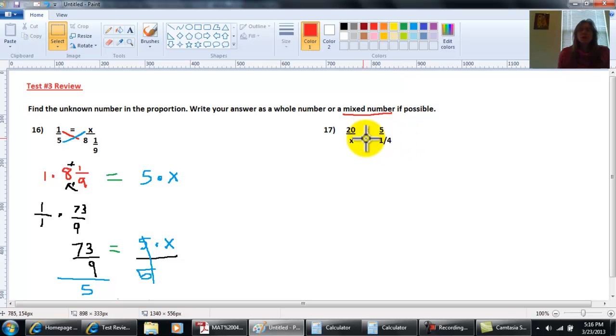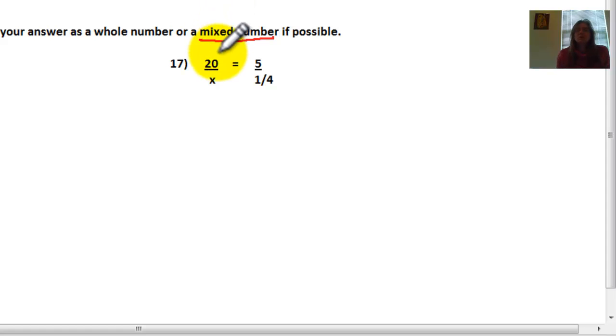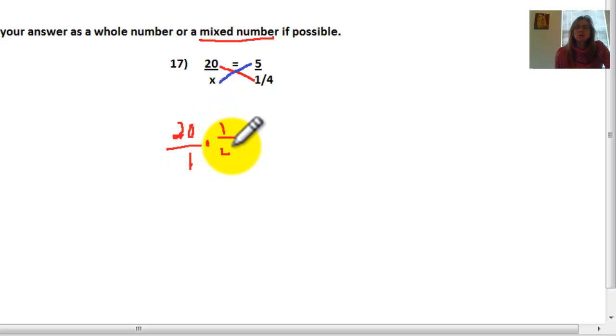Alright, so we'll delete that, and now with this problem it is the same situation. You're solving in the same way. You take whatever you multiply there, and set it equal to what you multiply there. So we'll set it up, the red one, 20 times 1/4, and I'm going to put the 20 over 1 times the 1/4. That's this times that, and we're going to set that equal to the 5 times the x.